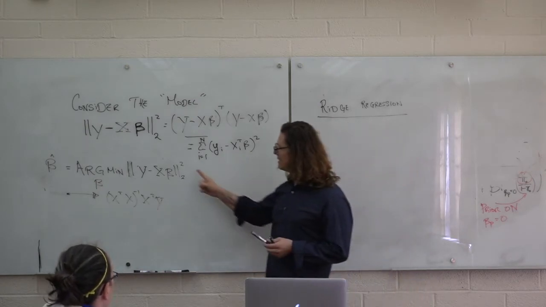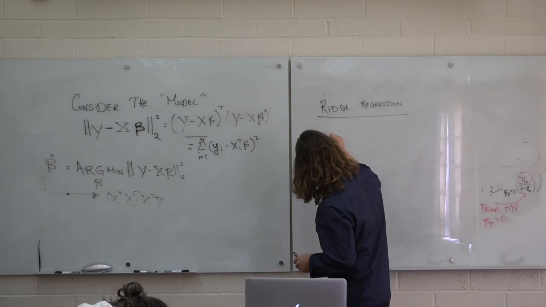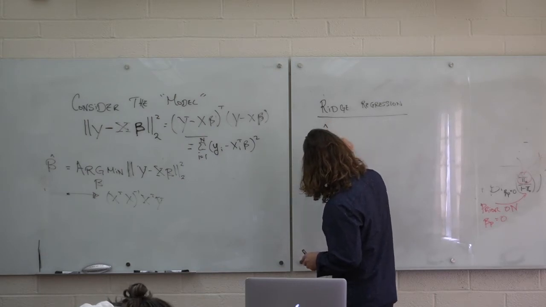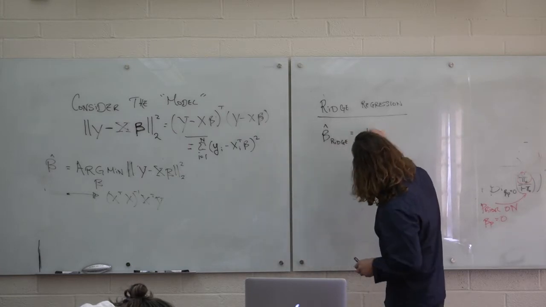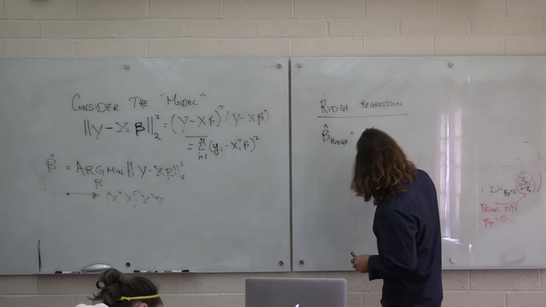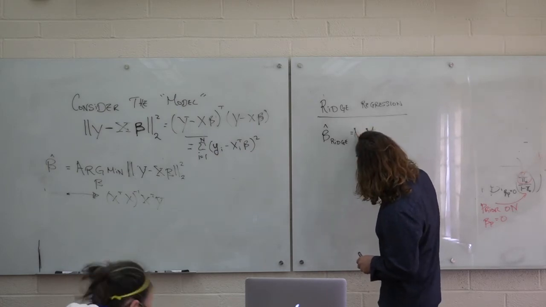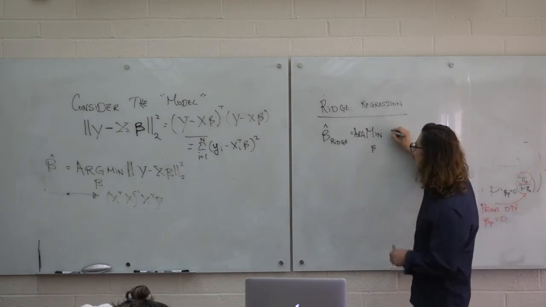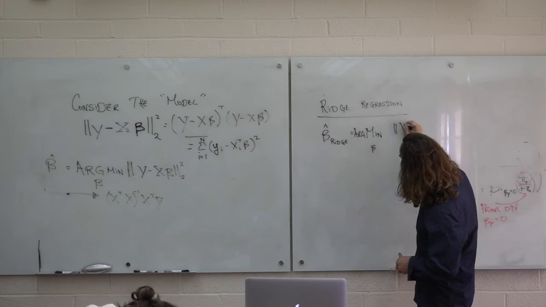So ridge regression is a slight deviation from this problem right here. It looks like this: beta hat ridge is equal to the argument that minimizes, over beta, the same sort of formulation.